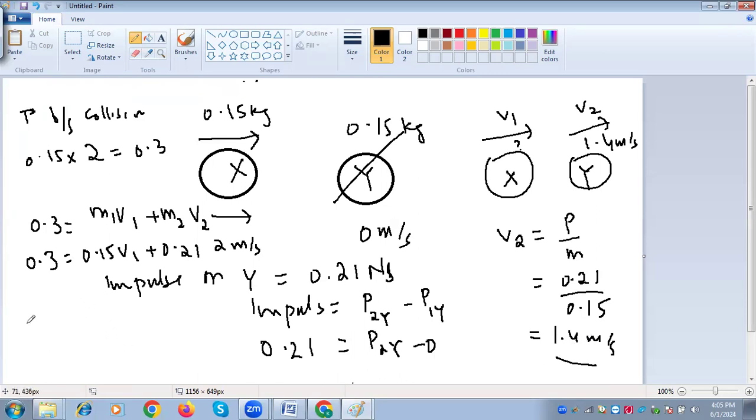This is now 0.3 minus 0.21 equals 0.15 V1. So 0.3 minus 0.21 is 0.09.